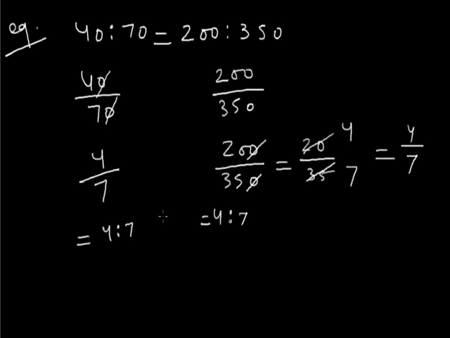So these two ratios are equal. That's why we can replace the equality sign by the sign of proportionality. So I can write 40:70 is proportional to 200:350. Now going to some important concepts of proportionality.